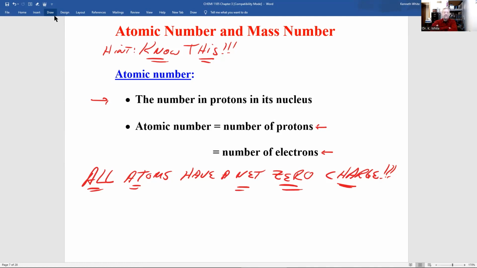Remember, the center of the atom. And the atomic number is the number of protons, and therefore, since all atoms have a net zero charge, protons have a plus charge, electrons have a negative charge, the atomic number also equals the number of electrons.